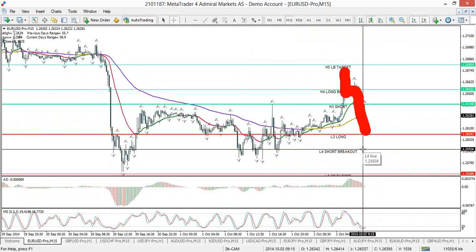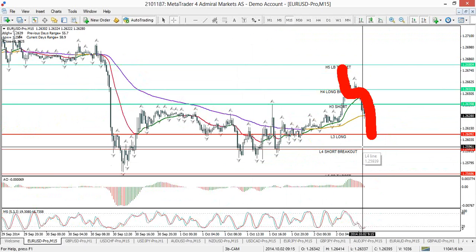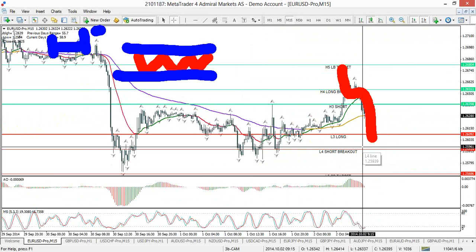The difference between price tumbling down here or when price is kind of stuck between the H3 and H4, here I'll make a drawing example. H3, L3, that's just a hypothetical example. When price is stuck between those H3s and L3s, right? Or when price is tumbling from H5 down to L3.